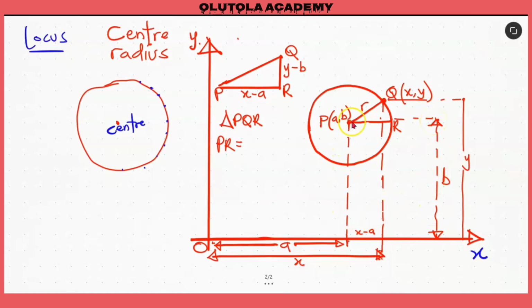From the center to a point on the circumference, which we call a radius, is another point Q, which has coordinates x and y. The difference between this point and this point is x minus a.